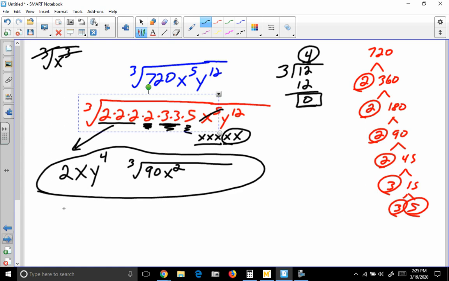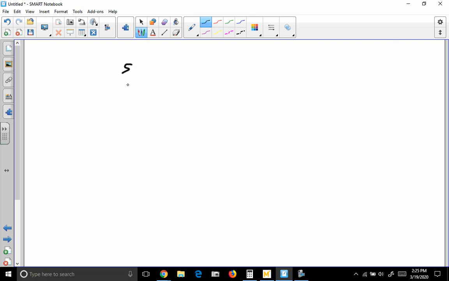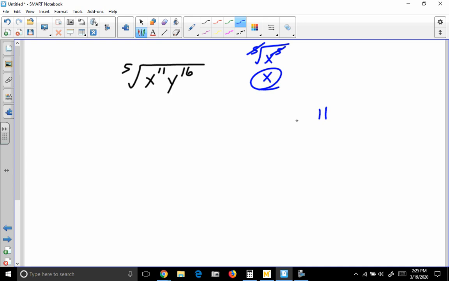So let's do another one of these. Let's take the fifth root of x to the 11th, y to the 16th. So if we're taking a fifth root, we need something to the fifth power underneath before it will come out. So if we have 11 x's and we want to know how many groups of 5 can we make, we do 11 divided by 5. 5 goes into 11 two times. 2 times 5 is 10.